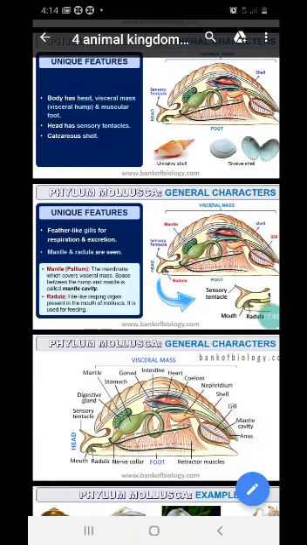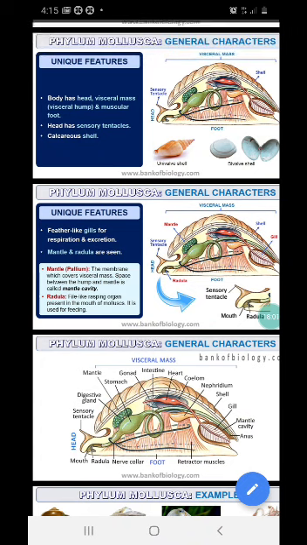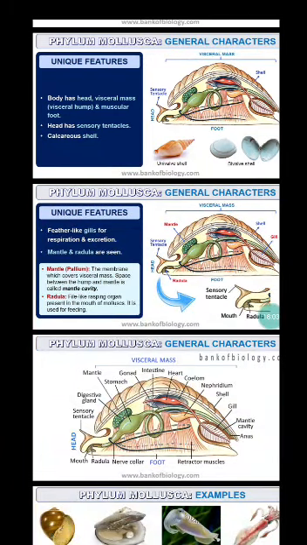The body is made up of a head, a visceral mass where the organs are present, and a muscular foot. The head contains antennae and eyes and other sensory tentacles. Most of the organisms belonging to mollusca possess either one shell or two shells.